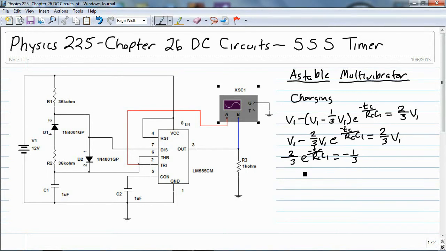So the negatives I can simplify, and I'm going to bring the 2/3 over the other side, so I get E to the negative TC over RC C1 is equal to 1/3 times 3/2, and that's just going to be equal to 1/2.